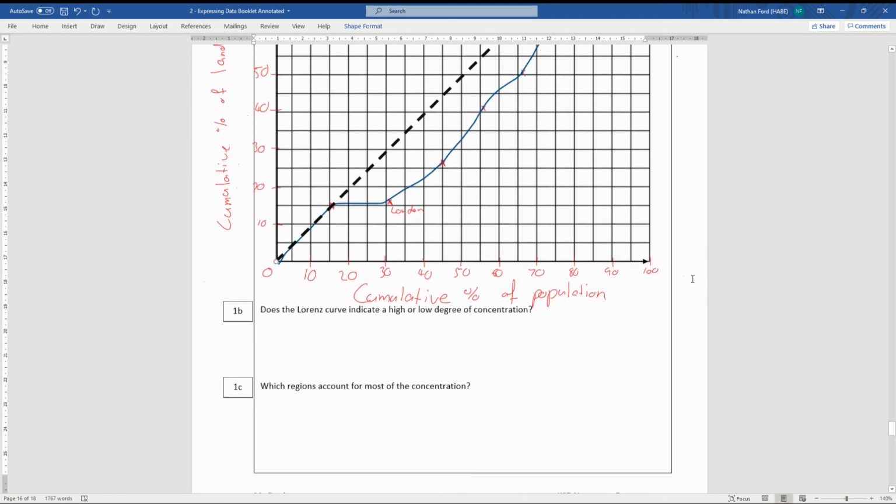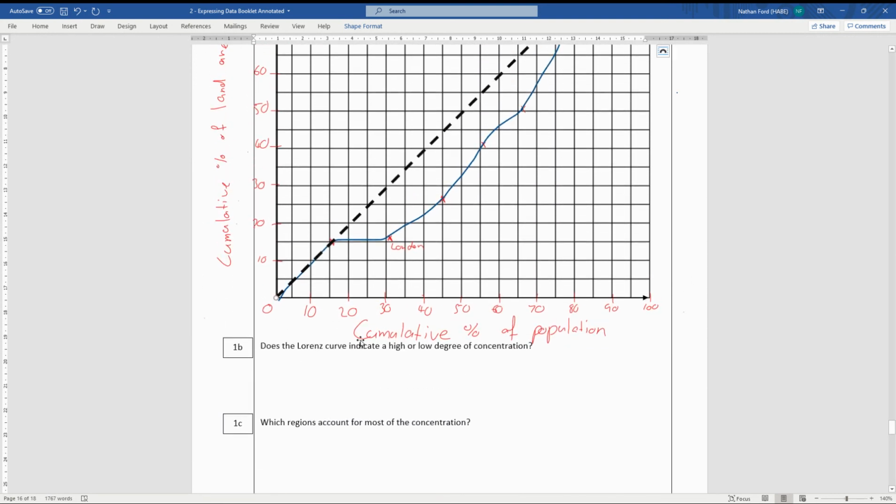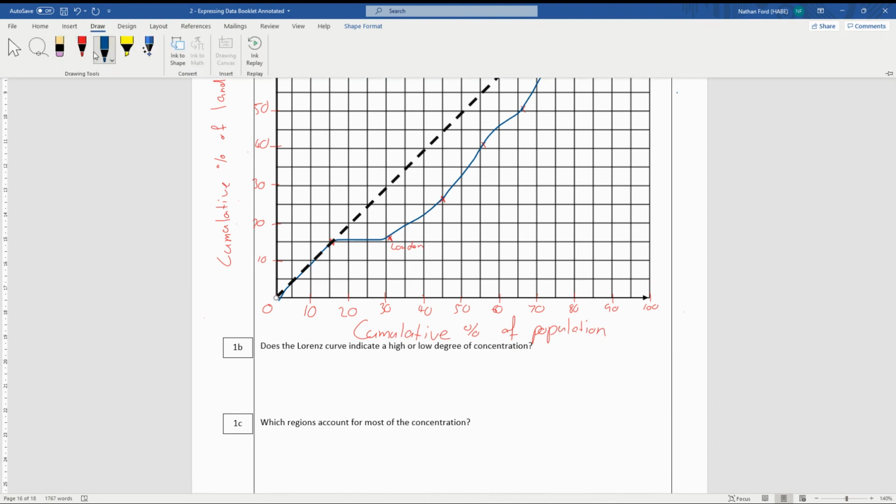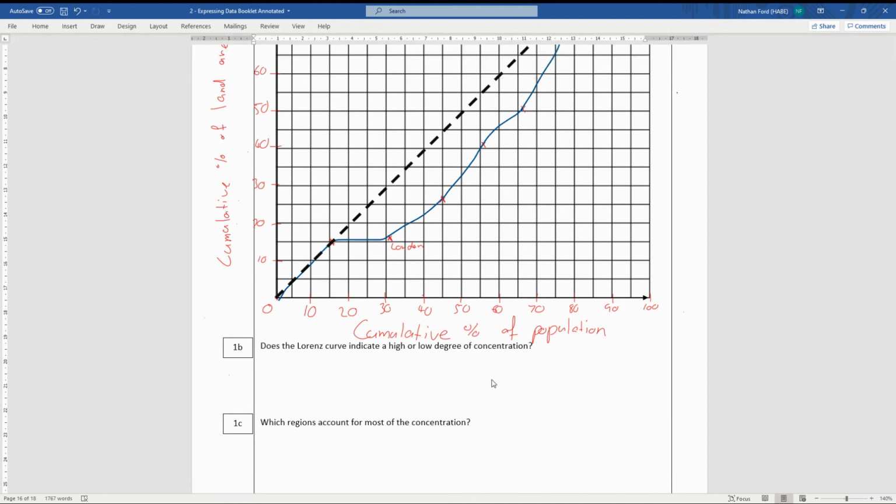Now, let's have a look. Does the Lorenz curve indicate a high or low degree of concentration?